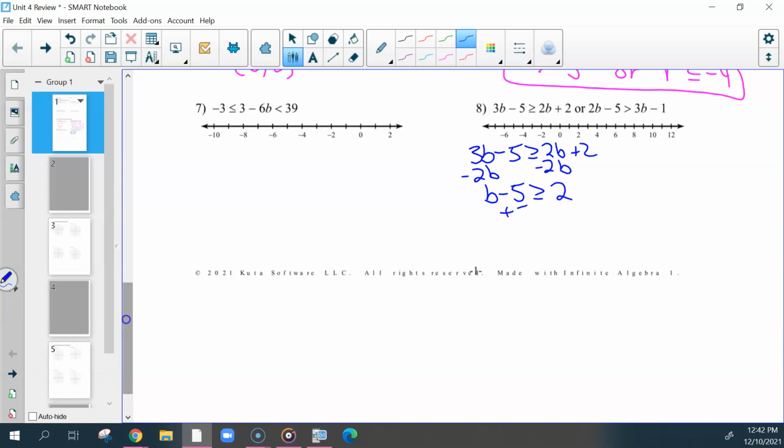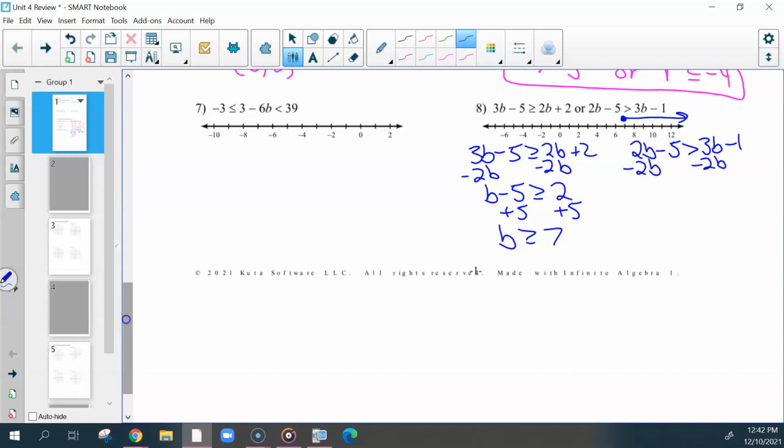And then add 5. So that would be a closed circle at 7. And then we could do the other one. Let's say I move 2b to the right.